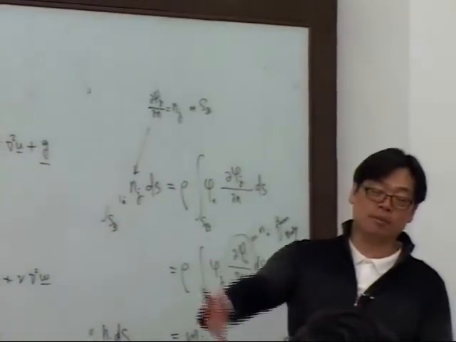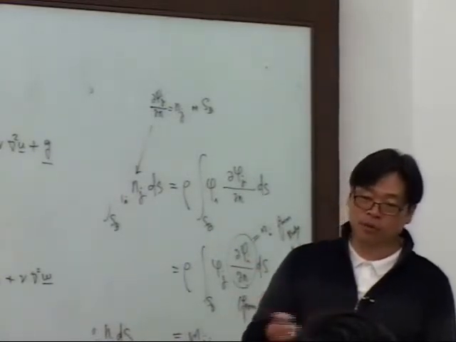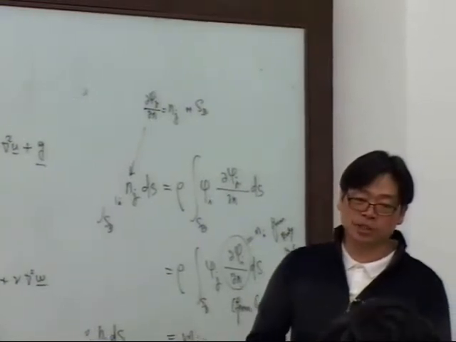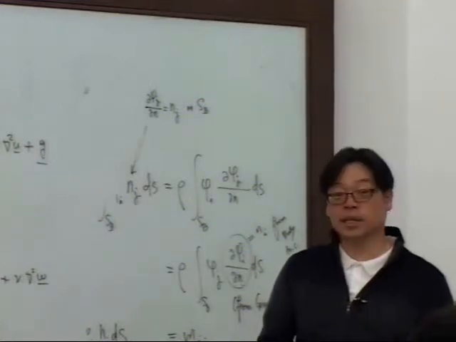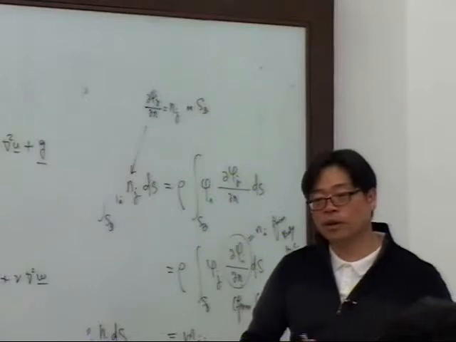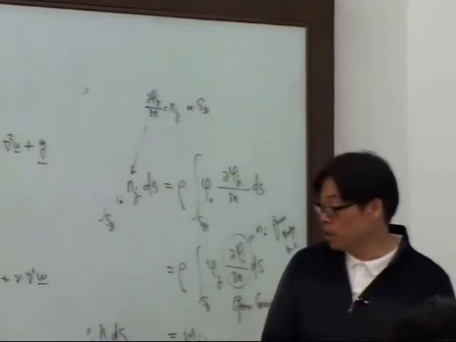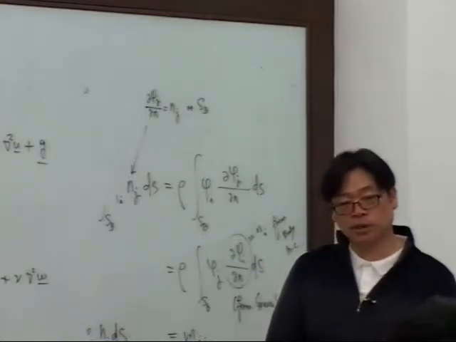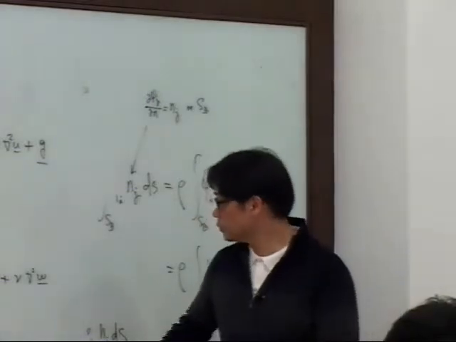If you have viscosity, then the boundary can generate vorticity, even though the vorticity is 0 at t equal to 0. But if you neglect viscosity, then you allow slip, and therefore vorticity cannot be generated on the boundary. Therefore, if the flow is irrotational at t equal to 0, then vorticity has to be 0 all the time.